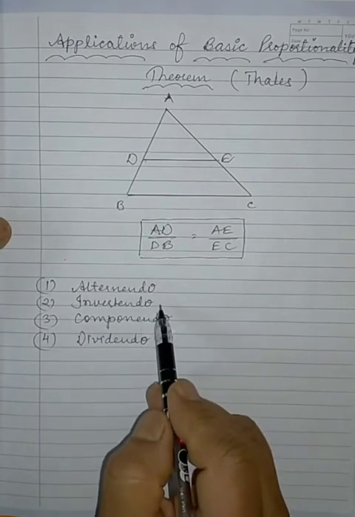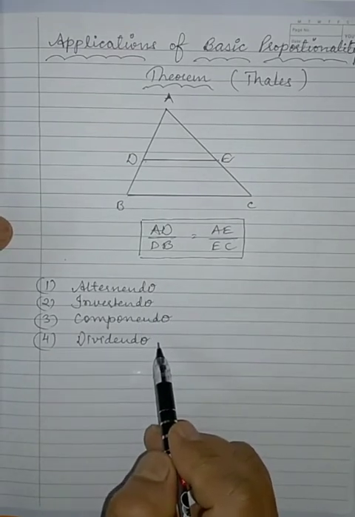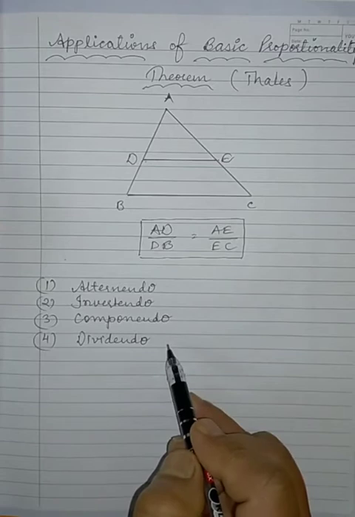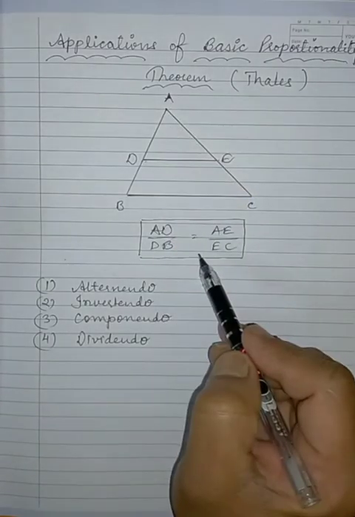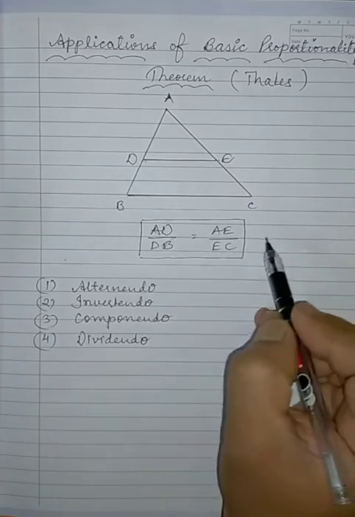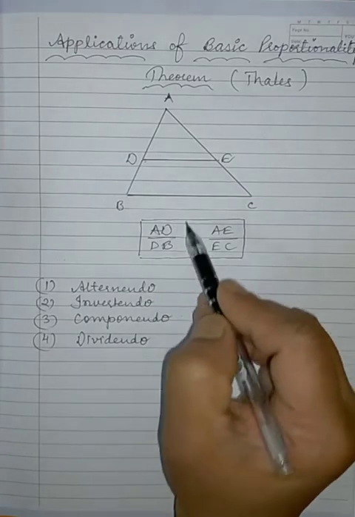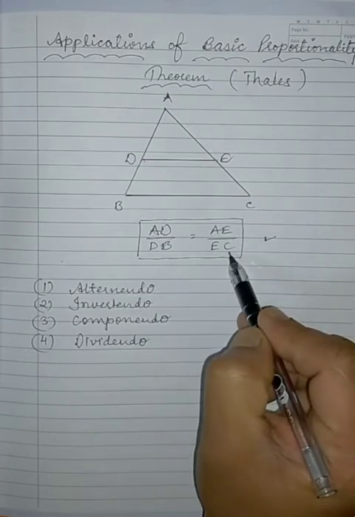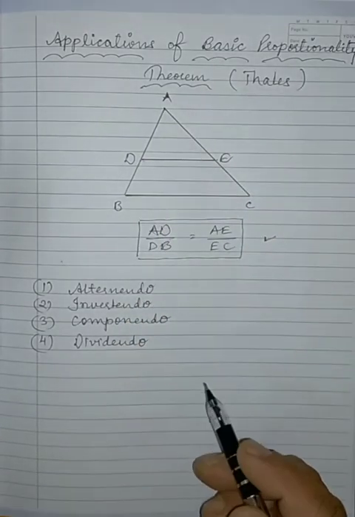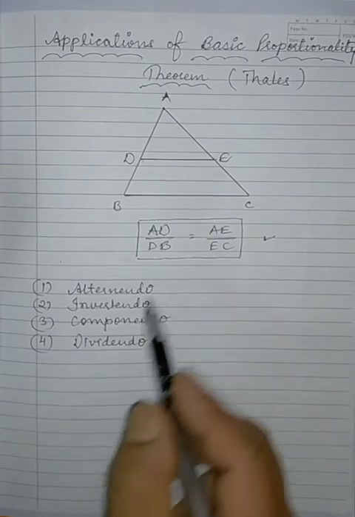Alternando, invertendo, componendo, and dividendo are the four relations we can apply on this Thales theorem. Remember, the main relation of Thales theorem is this: AD upon DB is equal to AE upon EC for this figure. Now we will see these relations one by one.